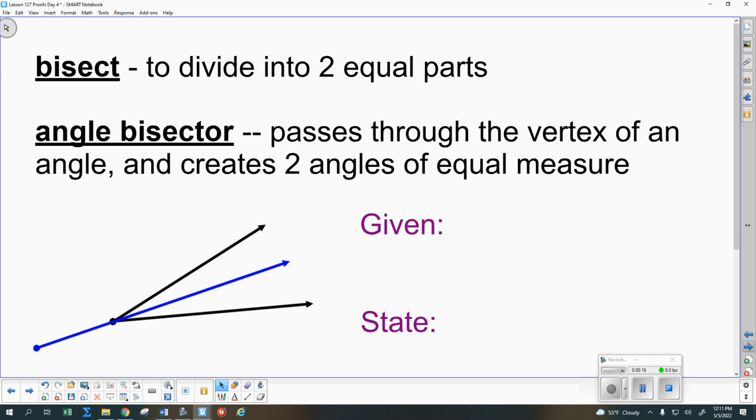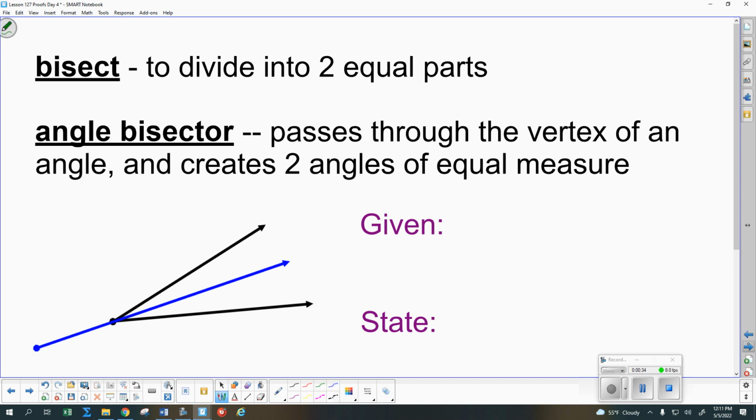Bisect: bi means two, sect like dissect or intersect means cut into two equal parts. So you can bisect angles, you can bisect segments. It means cut it into two congruent parts.